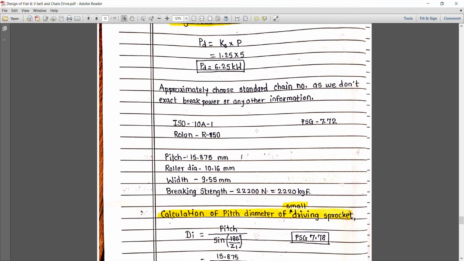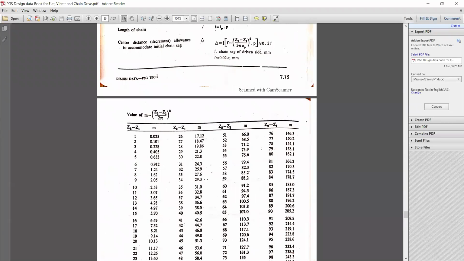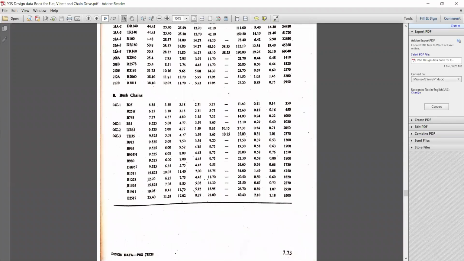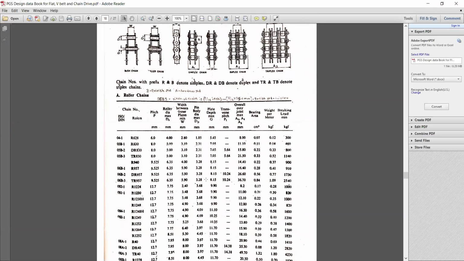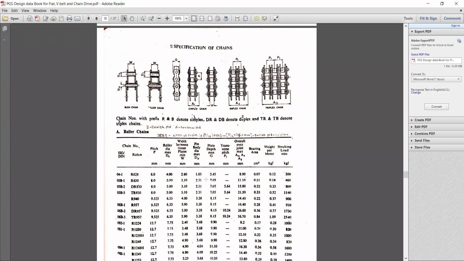So in this case, I'm going to select a chain designation approximately, or randomly, and based on that I'm continuing the design. Referring to page number 7.72, or you can go with 7.71 also, here the data is given.